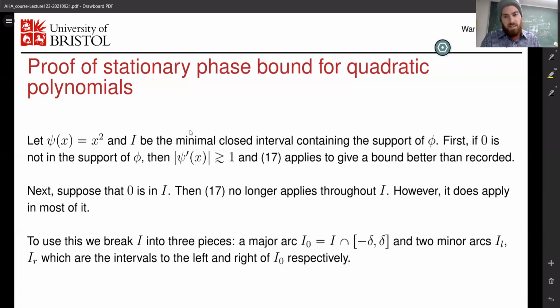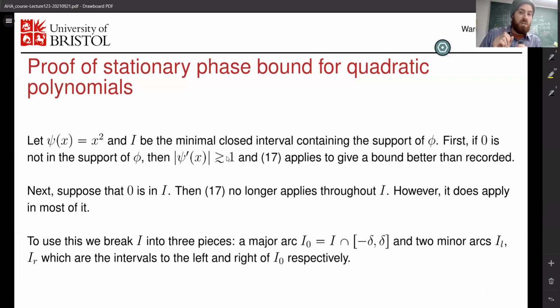Now, we can't apply non-stationary phase directly, but for x squared, there's only one possible 0, and that is at x equals 0. If I'm a bit away from 0, then I can apply non-stationary phase. What I didn't go through in the proof of non-stationary phase is that I gave a uniform bound when this is always at least 1. But if it's just some small constant, like 1/1,000,000, then that bound is much worse.